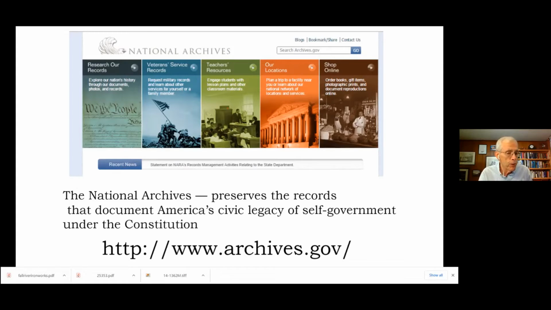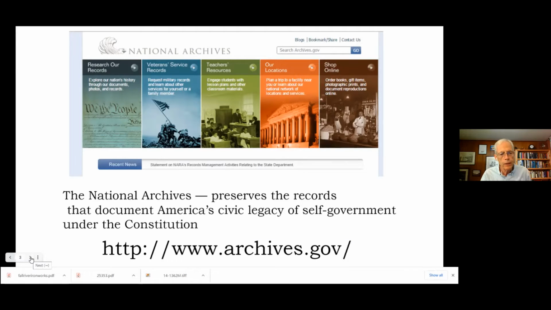In that tab, you'll find links to professional development opportunities and document analysis sheets that you can use to coach and scaffold the work of your students with primary sources.